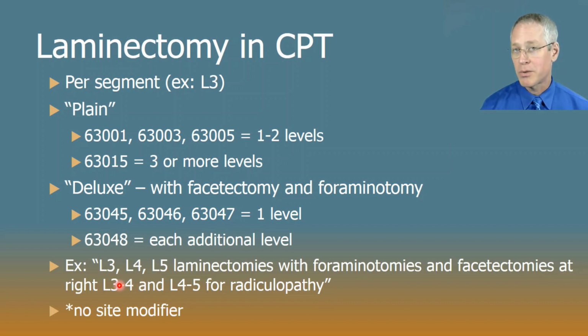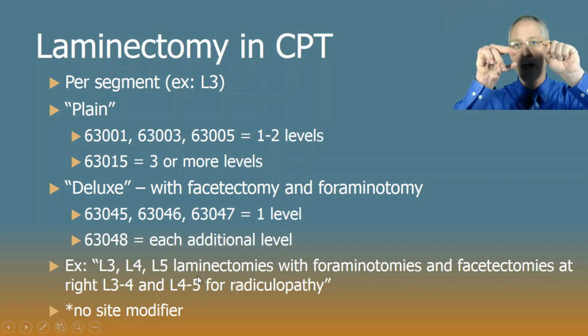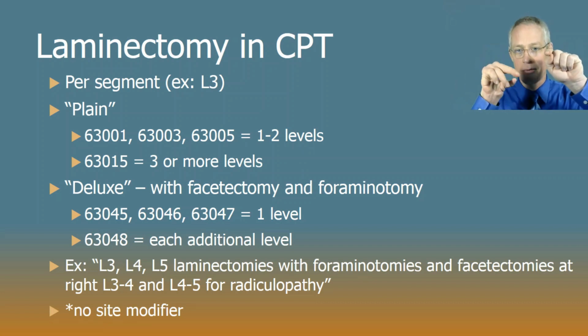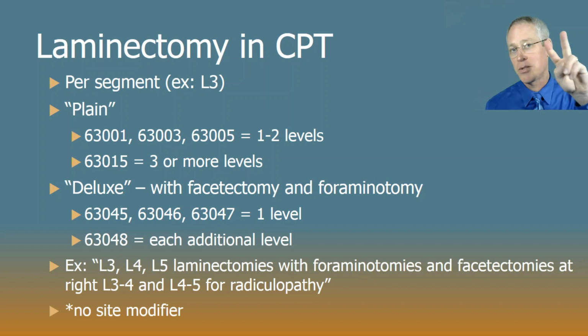On the right, which is okay because it can be unilateral or bilateral, but L3-4, that's 1 foramen, and L4-5, that's 2 foramina. So that's only 2 levels. This is a good example of a surgeon removing just one long segment of compression and then doing a foraminotomy and facetectomy and a foraminotomy and a facetectomy. So that's just 2 codes.